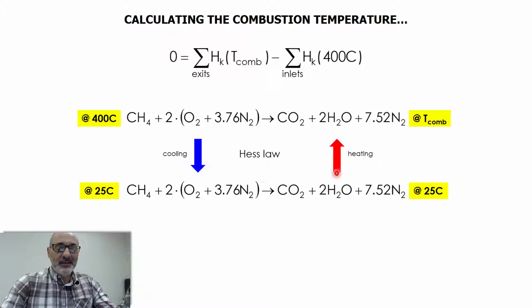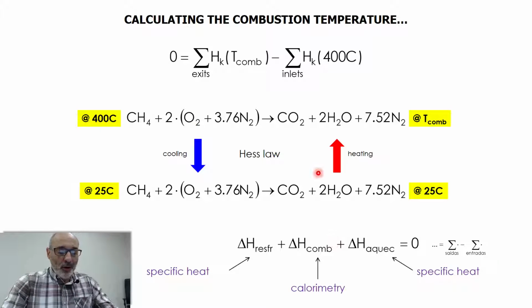So this corresponds to Hess's law, and we're going to do all the calculations like this. Why is this so? Because we have standardized data of this combustion reaction at 25 degrees. For instance, we know the reaction enthalpy at 25 degrees, but we do not know the reaction enthalpy at 400 degrees. So that's why we do this.